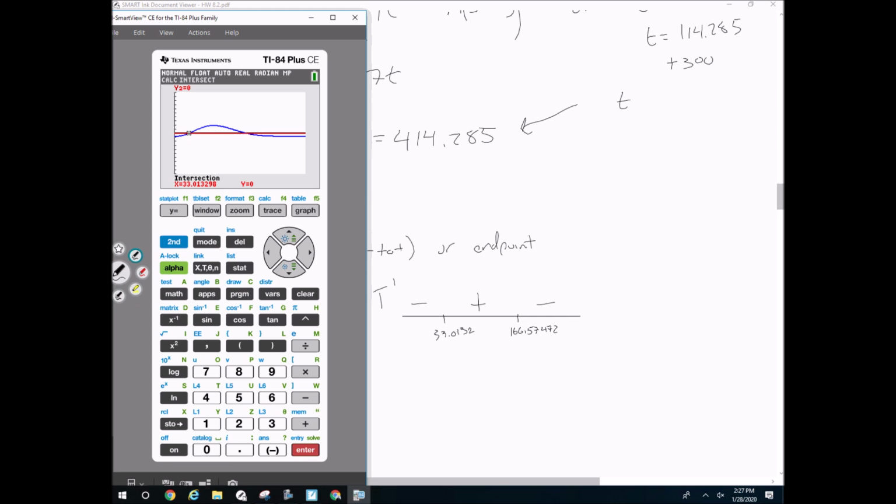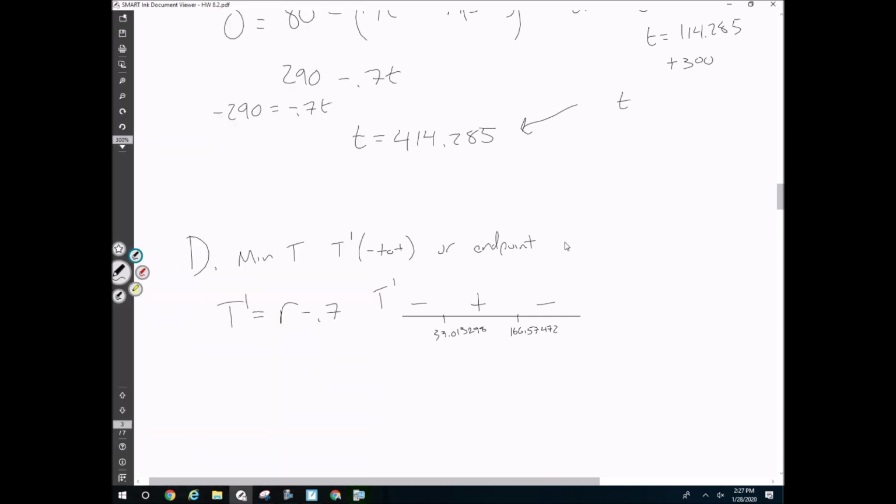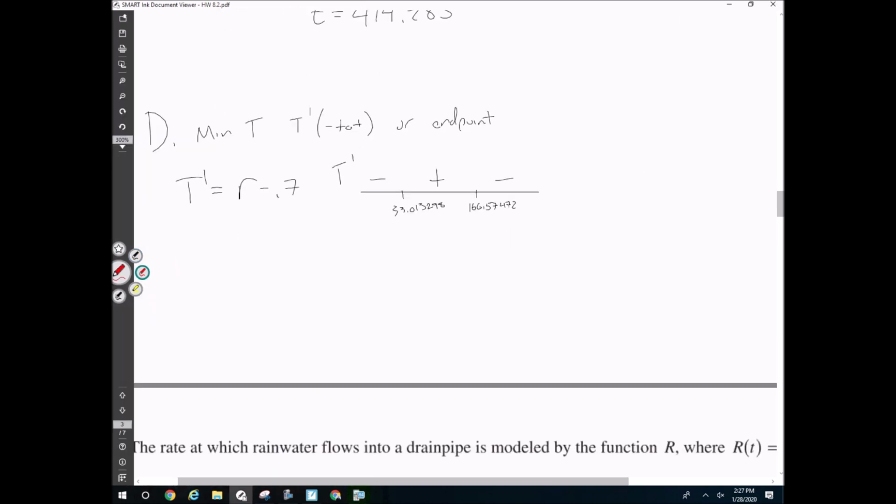33.013298. Okay, so that's telling me t is going down, going up, going down. T of 0, not max, because t prime is negative from 0 to 33.013298.